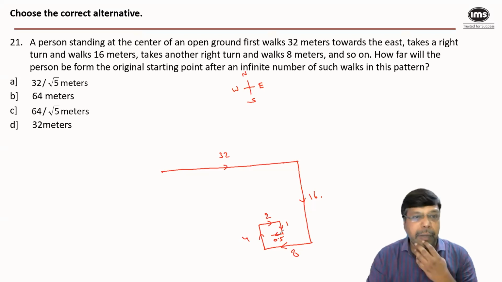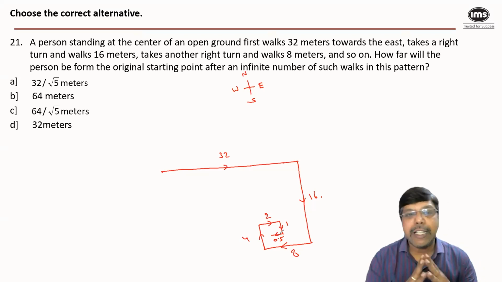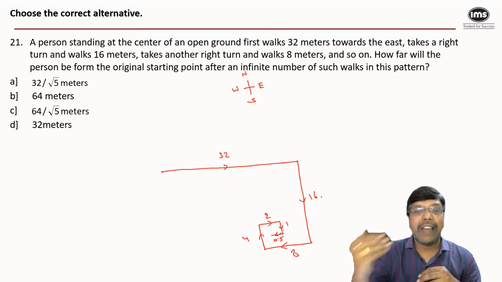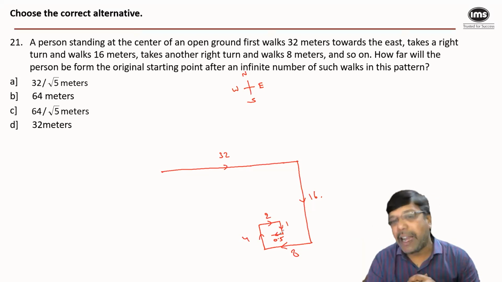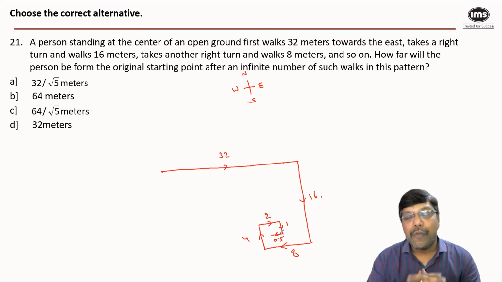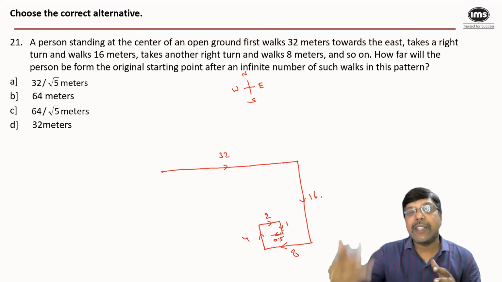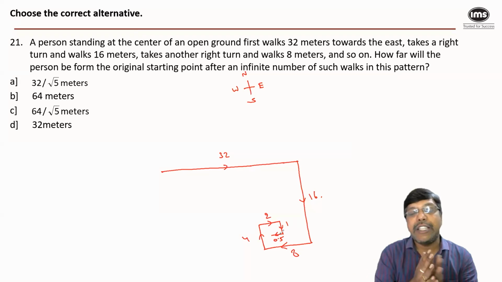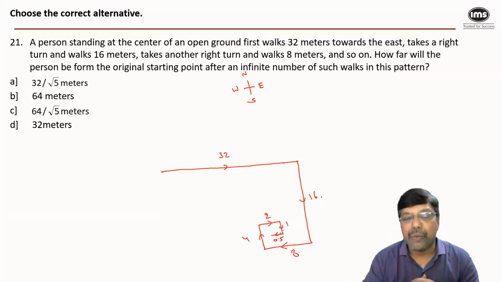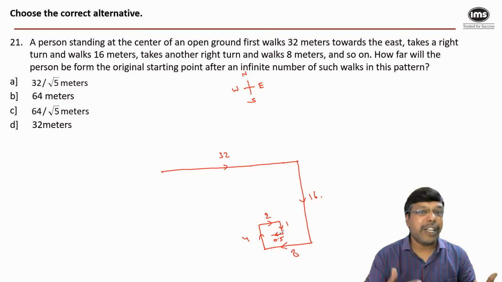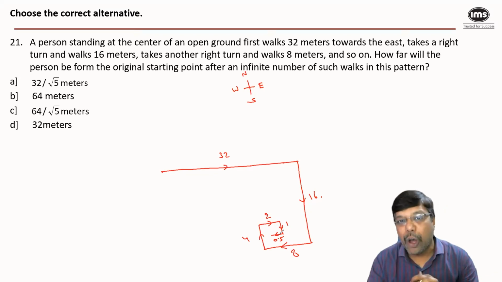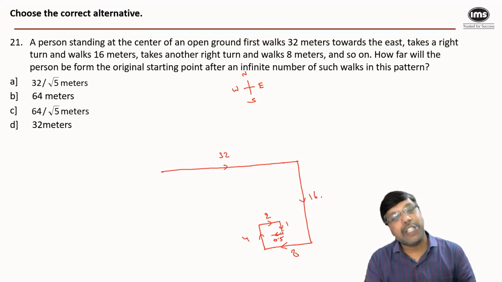Now, how far will the person be from the original starting point after an infinite number of such walks in the pattern? Now, the hint in this question is that when we have to find the sum of certain numbers which are infinite in value, sum to infinite terms is possible for us to find out only if it's an infinite GP.